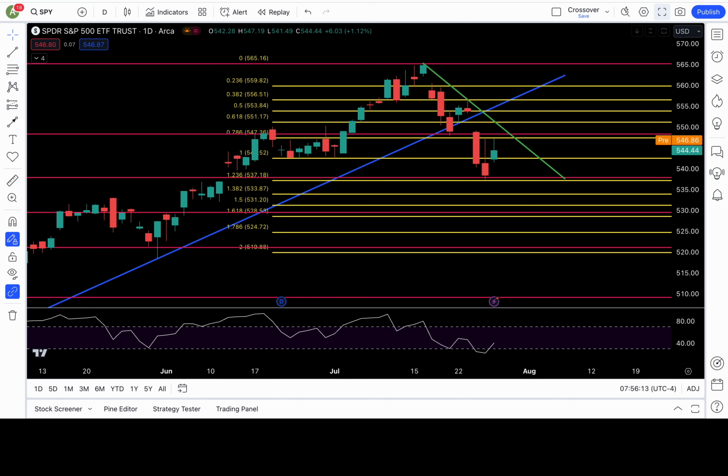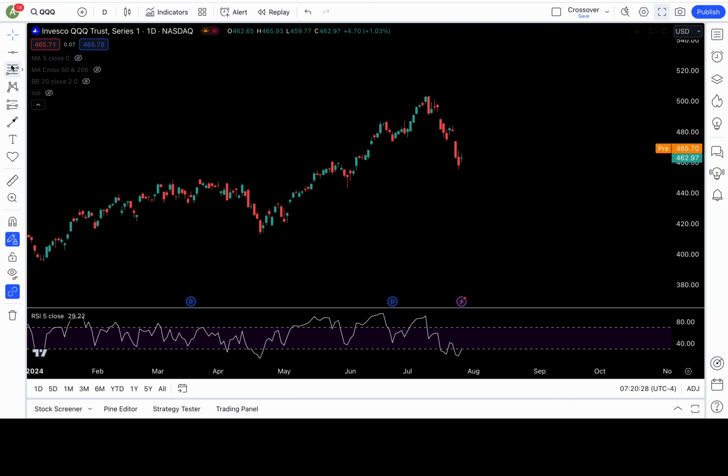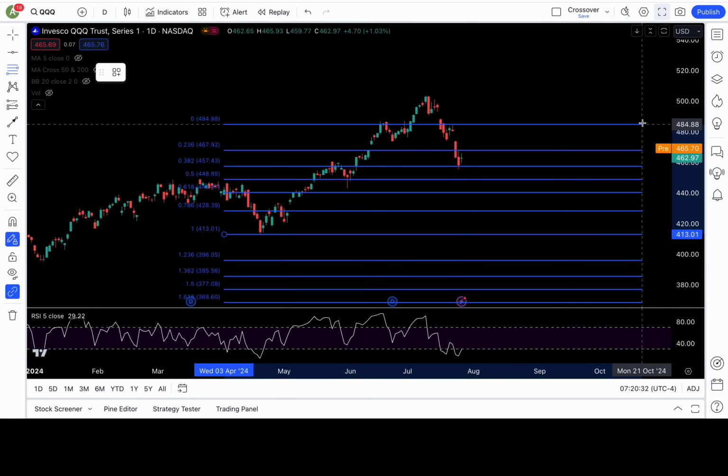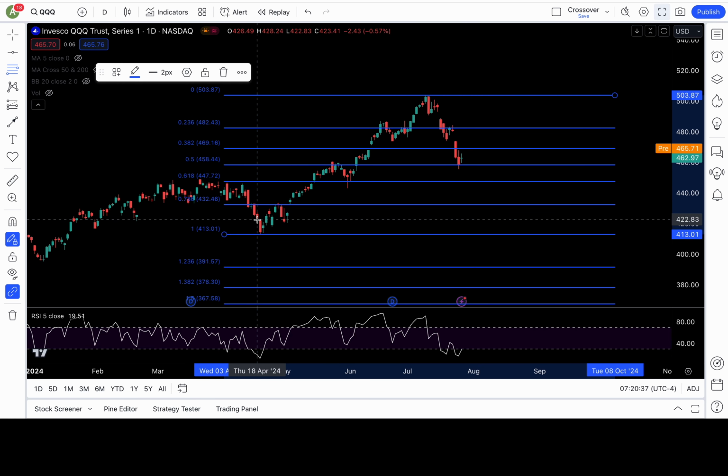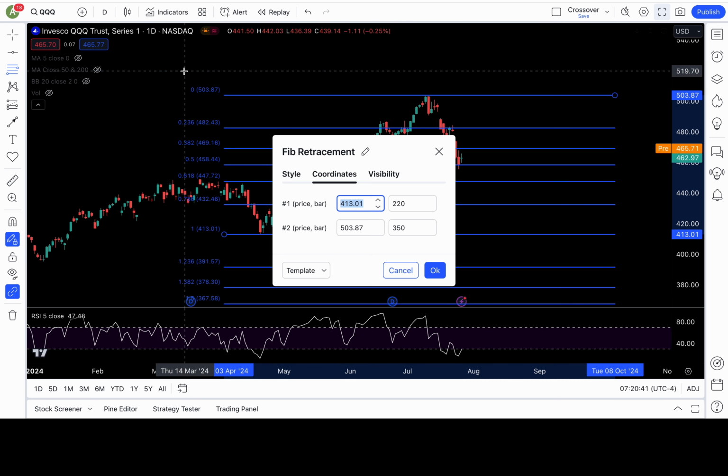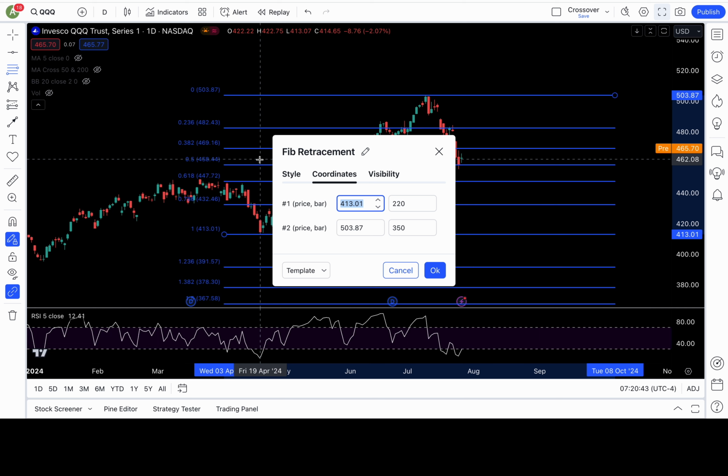Now let's move on. Triple Q, naked chart here. This one I'm just going to speed up. You guys know how I find the levels, but I'm going to speed it up here. All right, uptrend from the April 19th low, which was at 413.07, up to the all-time high at 503.52.